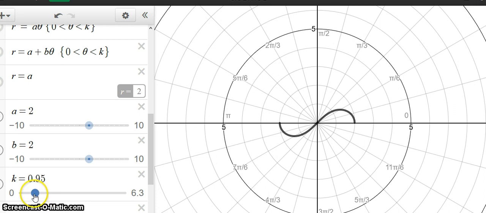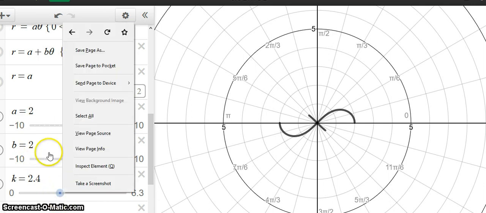Exactly. Because between this here, which is about pi over 4 times 2, and this here, which is about 3 pi over 4-ish times 2, the cosine of the 2 theta angle is negative.